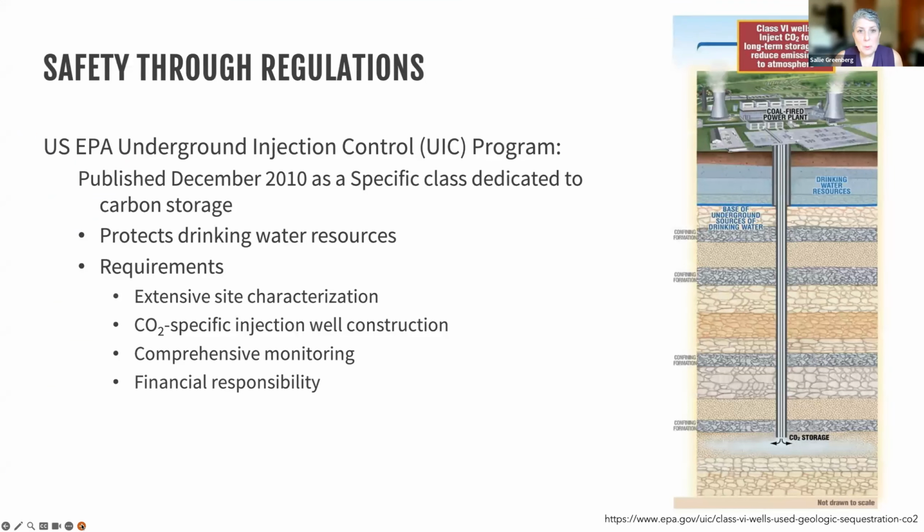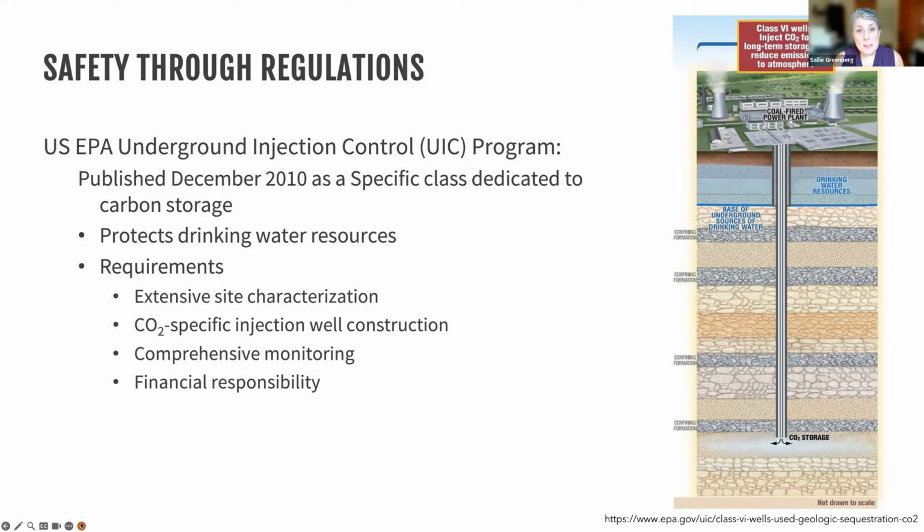So the safety really comes in part from this whole characterization and sequence of monitoring and information gathering that happened before, during, and after the storage of carbon dioxide. But they are regulated by federal law through the U.S. Environmental Protection Agency's Underground Injection Control Program, which is in place as a function of the Safe Drinking Water Act.